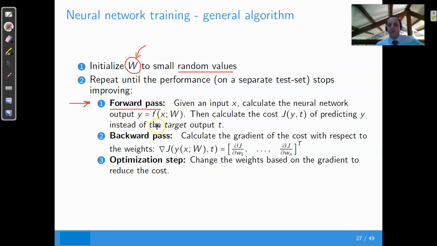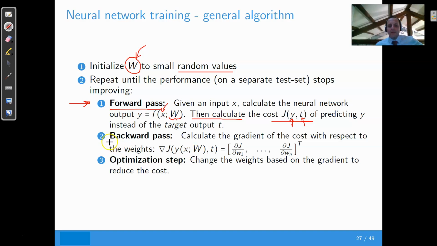So y equal to f of x, which is the input, depending on the actual weights w. Then you calculate the cost function g, which depends, of course, on the output provided by the neural network and the target. And so you compute this cost.